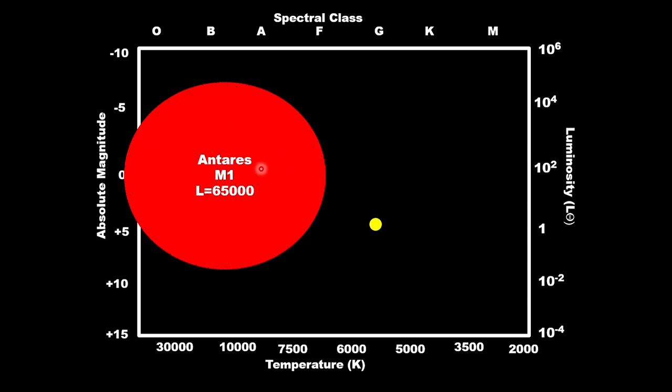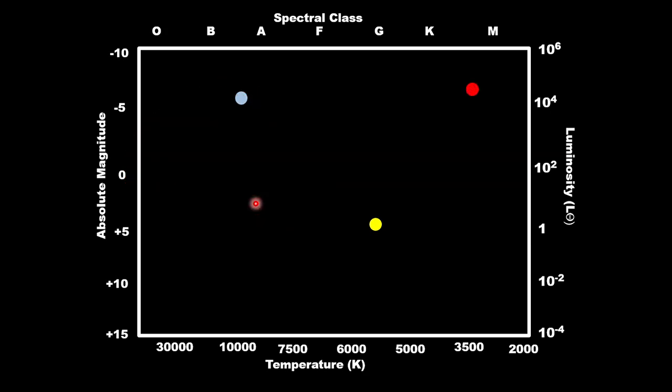But then we go to a star like Antares. It's M1 spectral class, which means it's low temperature, and we would expect it then to be somewhere down here. And yet it has a luminosity of 65,000 solar luminosities, 65,000 times as energetic as the sun, which puts it up here. Low temperature, but high luminosity. That's surprising.